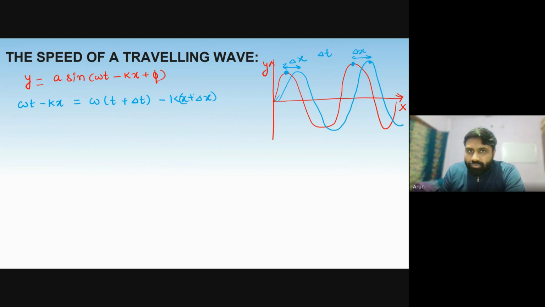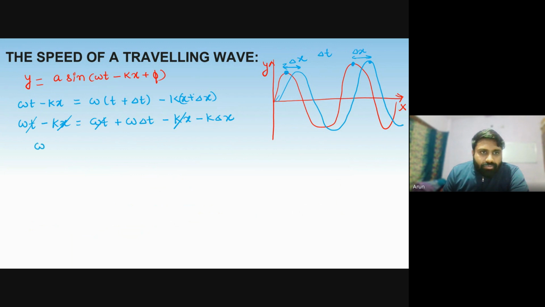Initial phases are the same for those, so we will cancel it out. Now omega t minus kx equals omega t plus omega into delta t minus kx minus k into delta x. Now kx and omega t will cancel out. What you are left with is omega into delta t equals minus k into delta x.